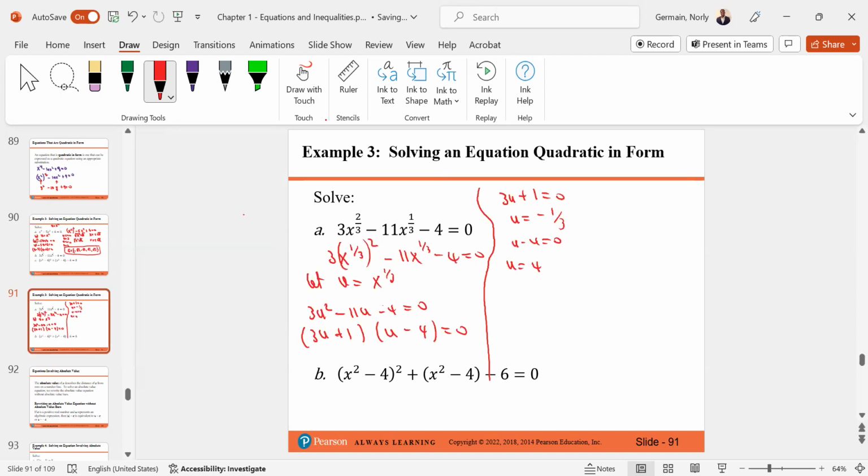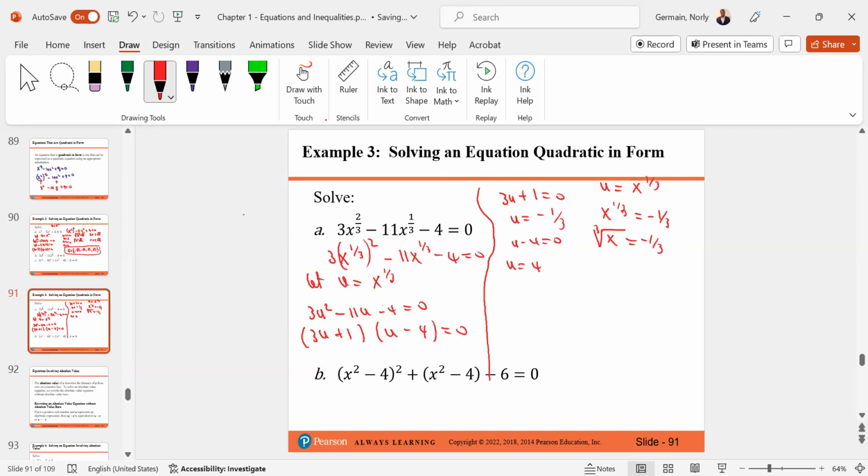Remember, we said u equal x^(1/3). So if x^(1/3) equals negative 1/3, remember 1/3 means cube root of x equals negative 1/3.